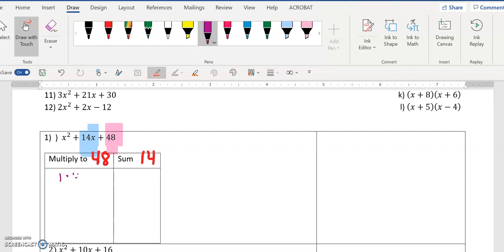We have 1 times 48. And we have 2 times 24. And we have 4 times 8.